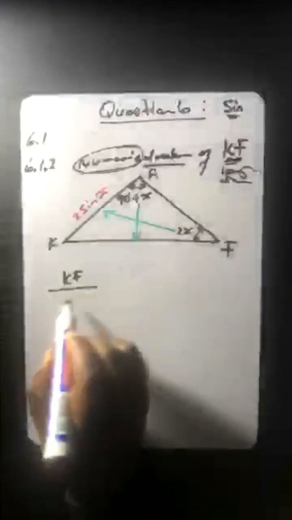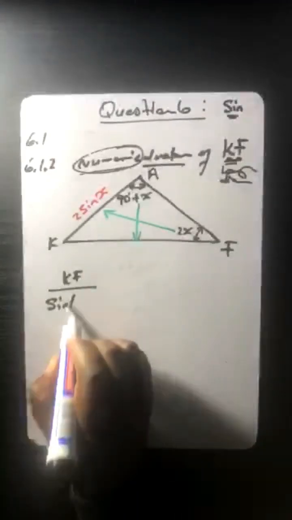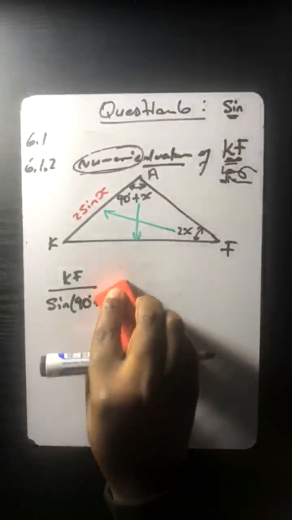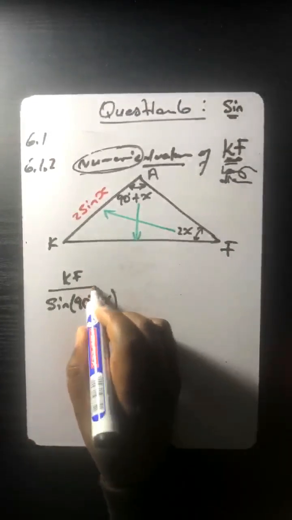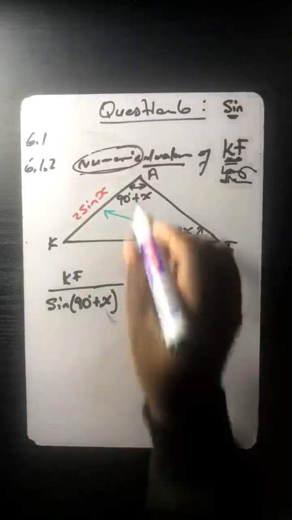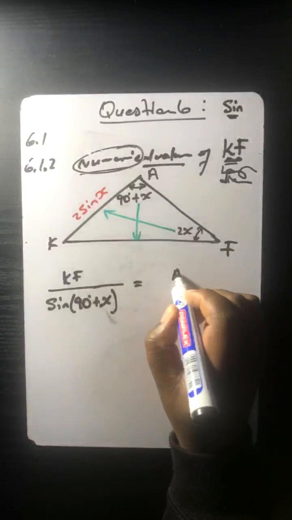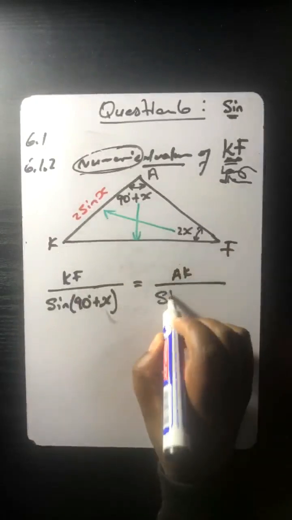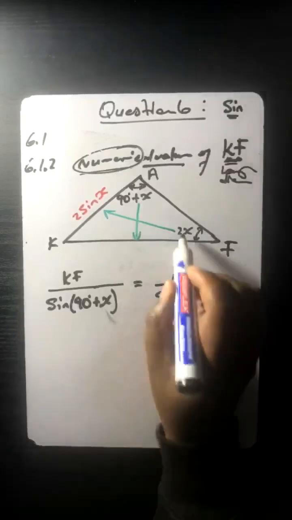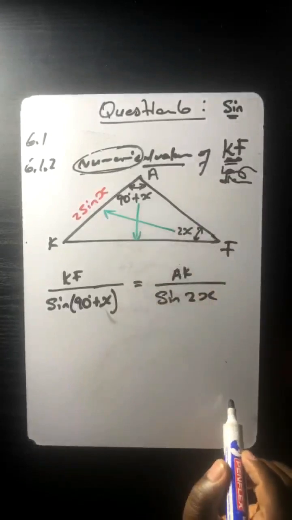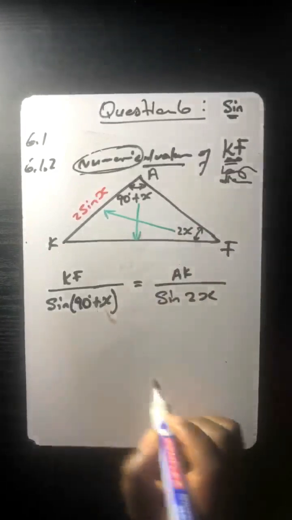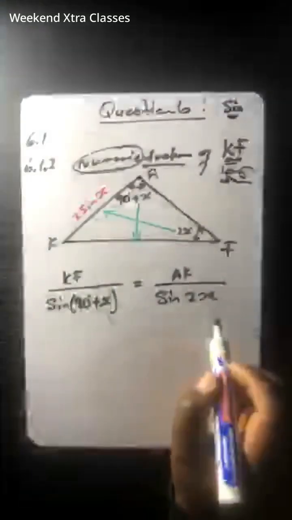That is why I'm going to say KF over sine of the angle, which is the whole of 90 plus x, equals what are we going to have now? That side being KA, or AK, divided by sine of an angle. The angle is going to be 2x in this case, that one there. You only put it inside the brackets if it has a plus or a minus sign in between. When it's just that, there's no need to put it inside the brackets.